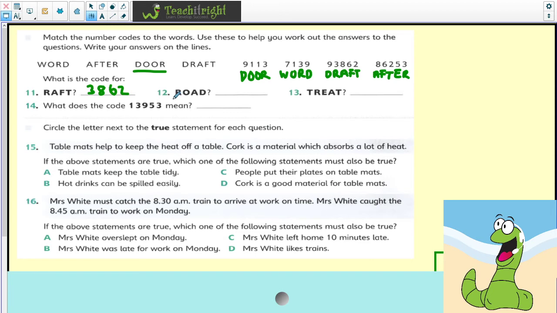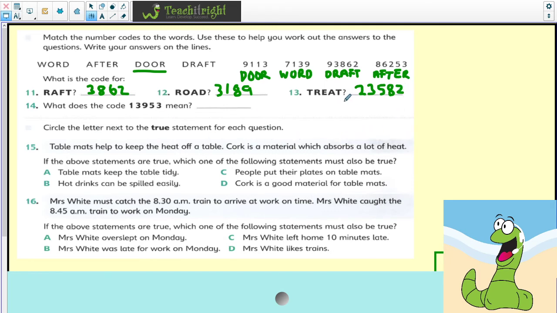Then we've got road, so we've got 3, O is 1, A is 8, and the D is 9, so it's 3189. And then if we look at 13, we've got treat, so we've got 2. Then the R will be the 3, the E will be the 5, the A will be the 8, and the T will be the 2 again.